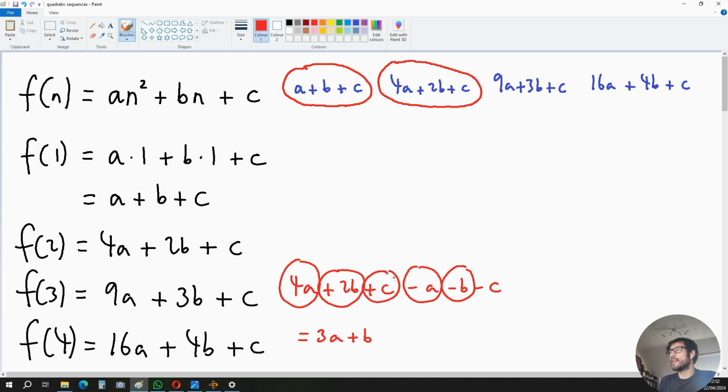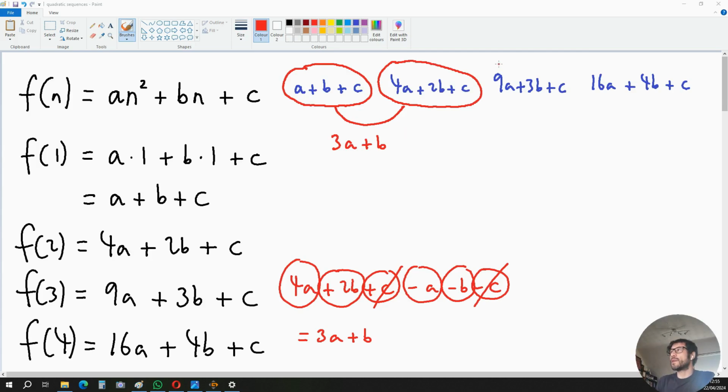Okay, and c minus c is 0. So the difference between these two terms over here is going to be 3a plus b. Okay, so that is the difference between the second term and the first term.